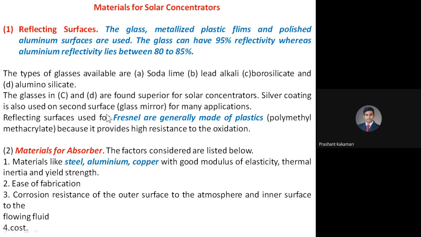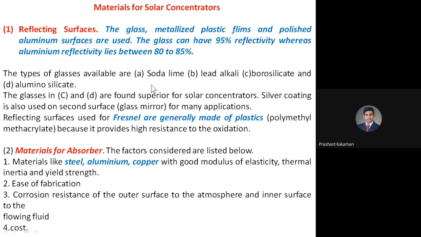So one is glasses. Glasses used are soda lime glass, lead alkaline. You can check online what type of glasses these are. And next we have the borosilicate glass, which you have observed in our chemistry lab or some other experiments. You might have seen borosilicate glass on books. Why have we taken only these types of glasses?